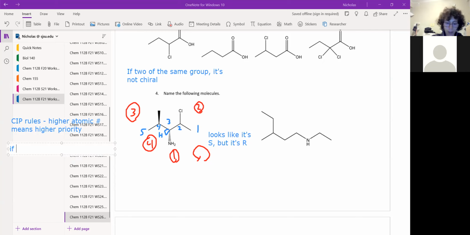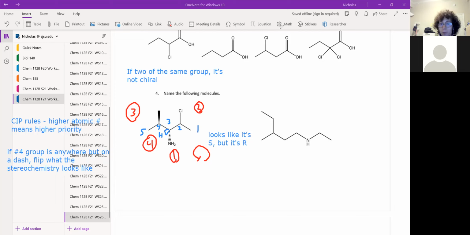So if the 4 group is anywhere but on a dash, you flip what the stereochemistry looks like. And a lot of the time, number 4 will be a hydrogen.